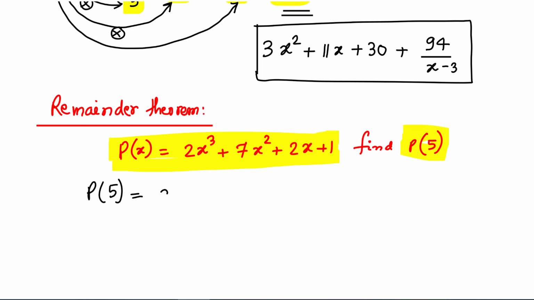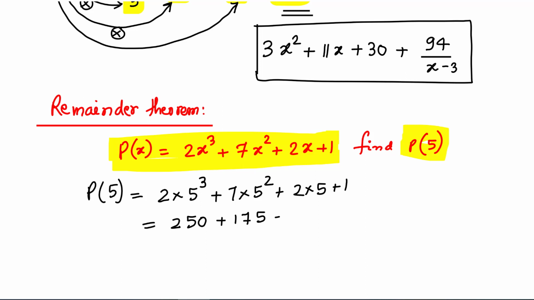So P(5) will be 2 times 5 raised to the power 3 plus 7 into 5 square plus 2 into 5 plus 1. So this will be 250, this will be 175, and this will be 10 plus 1. So this is 436.